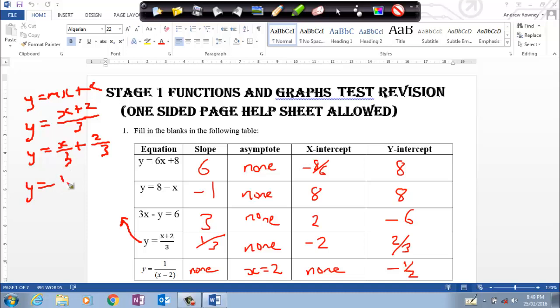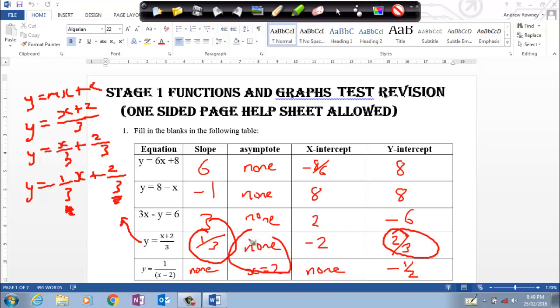X on 3 is the same as a third times x, because that's really like x on 1. 1 times x is x, 3 times 1 is 3. Now there's your m, there's your c. So your slope is a third, and your y-intercept c is 2/3.